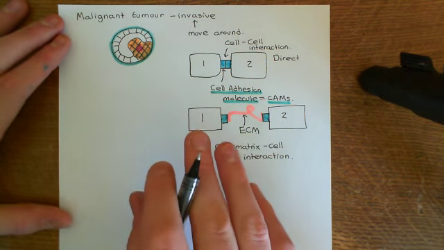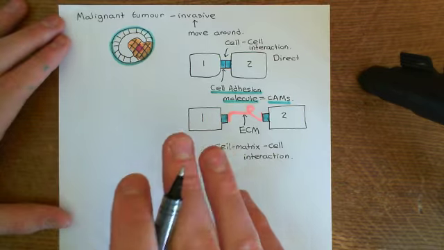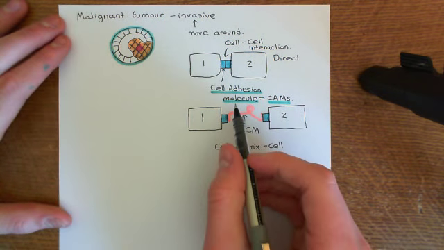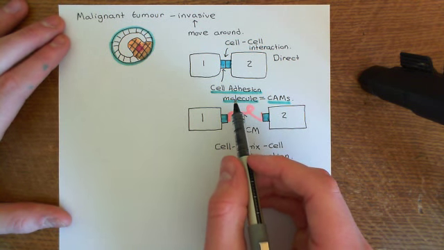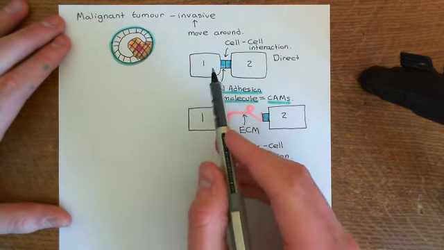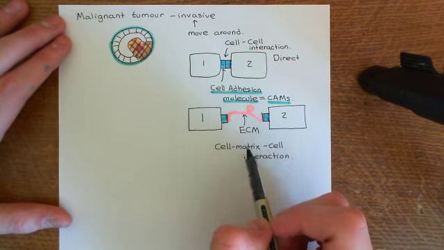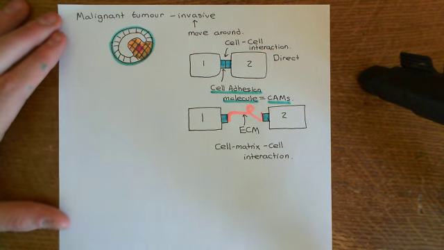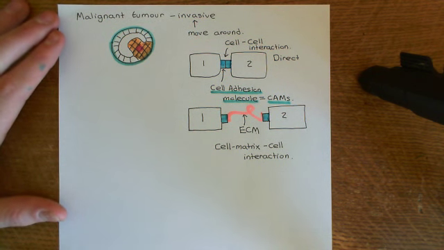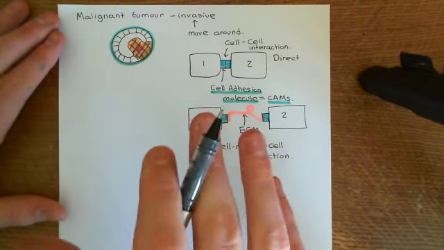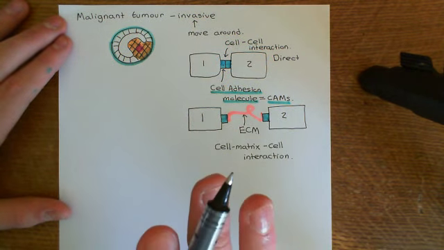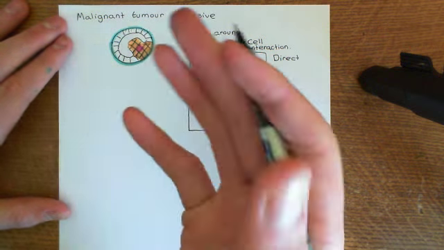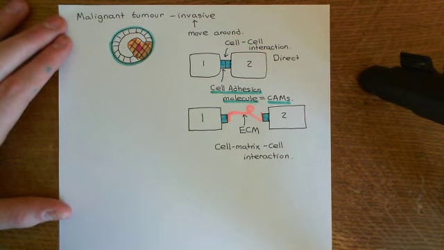Now, it's not very well understood how this occurs, because there are an absolutely huge number of cell adhesion molecules, so you would have thought you would need a lot of mutations to get complete and utter loss of cell-cell and cell-matrix interactions, but somehow cells do manage it. As I say, it's not well understood at all how this happens, but some sort of change happens that means that these interactions are lost, and these cells now are free to move around as they like, basically.